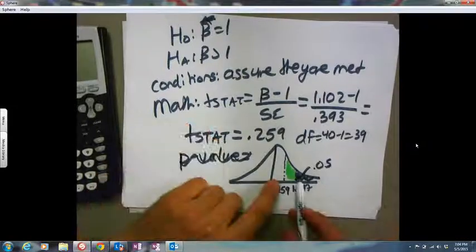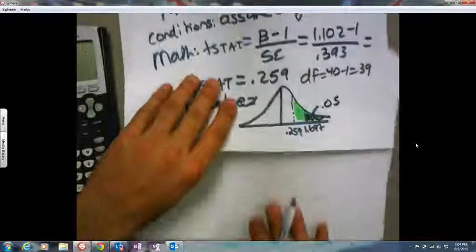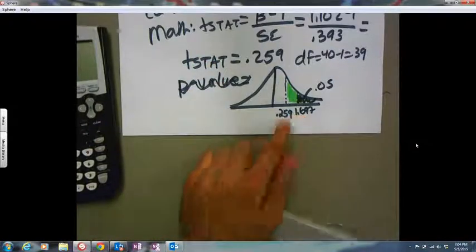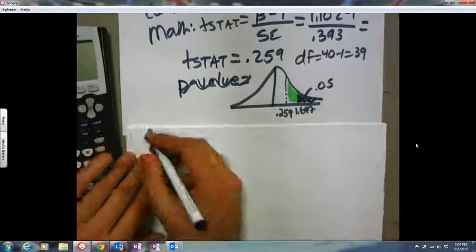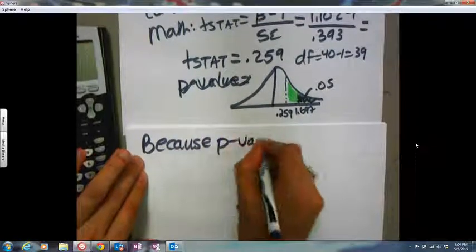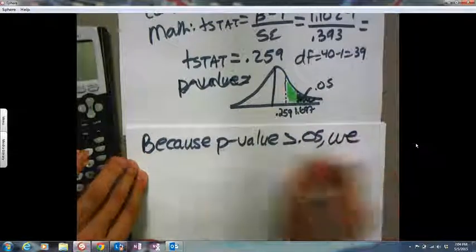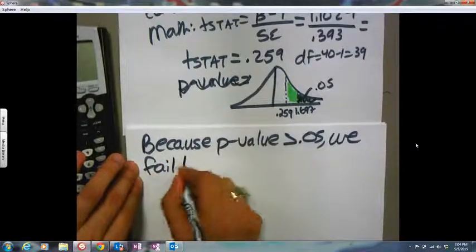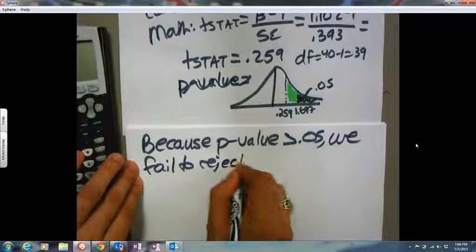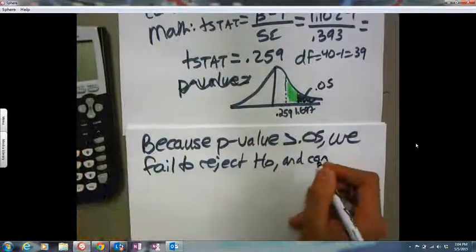This is how we did the chi-squared, right? Looking at the critical value and then drawing the picture. So I'm just going to say, because the p-value is greater than 0.05, we fail to reject the null and conclude. And remember, when you're writing the conclusion, look back at the original question. What do we conclude?